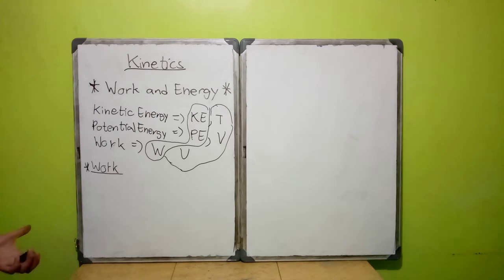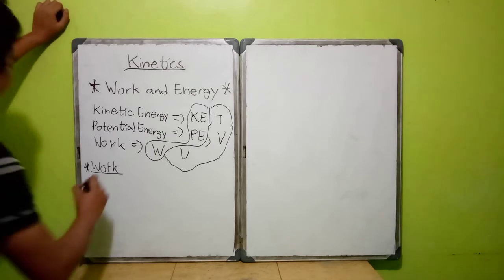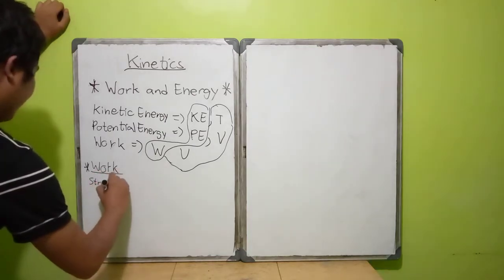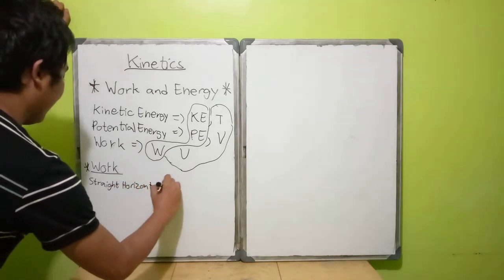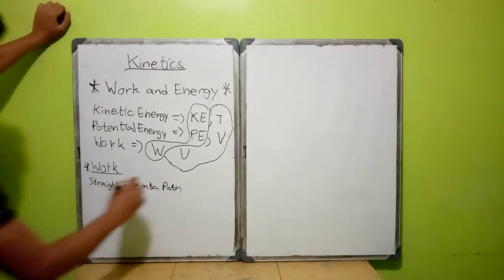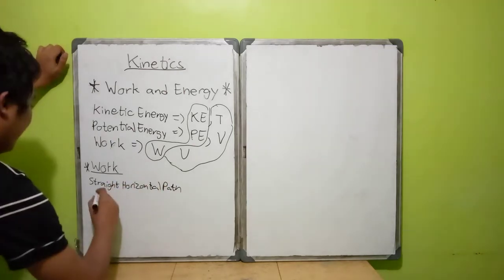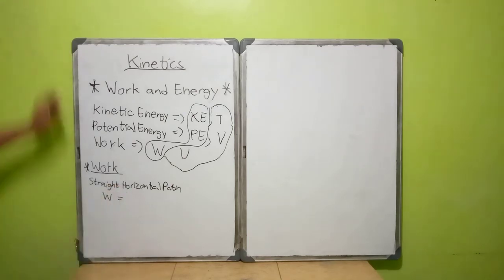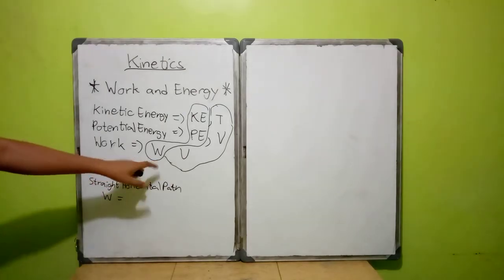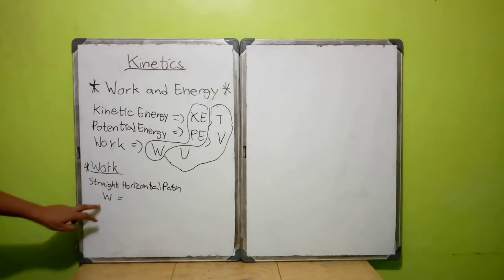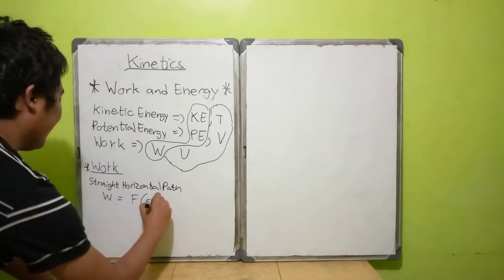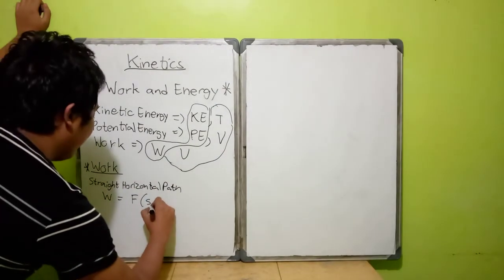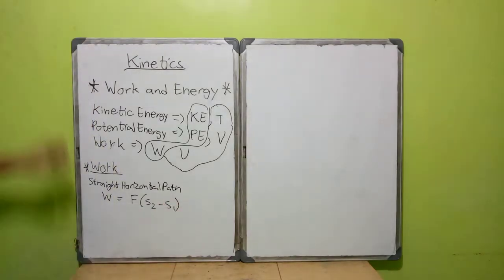If your force is traveling a straight horizontal path, we use this formula: your work, let us denote first as W, is equivalent to your force times S2 minus S1.